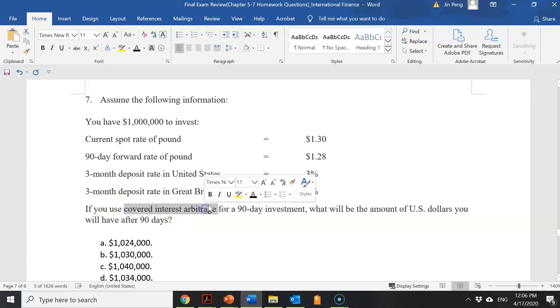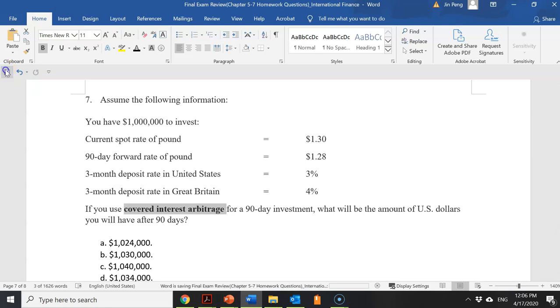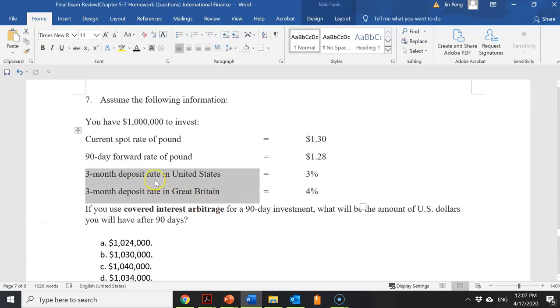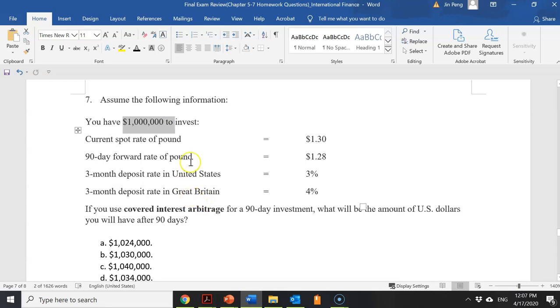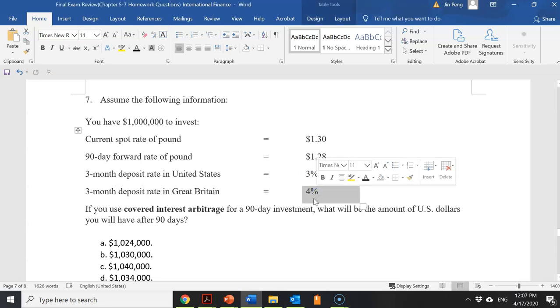Okay, so this question is covered interest arbitrage. When we compare the interest rates or deposit rates between US and Great Britain, we can see that it's higher in the foreign country, in Great Britain. And we can use covered interest arbitrage to exchange the US dollar to British pound first and invest it in Great Britain at the higher interest rate, 4%.